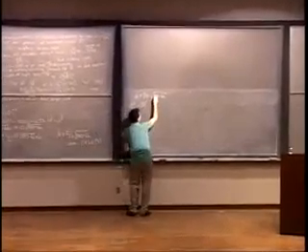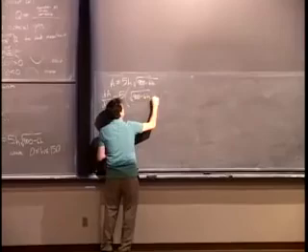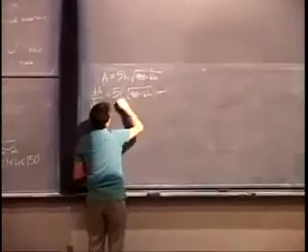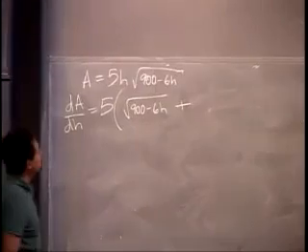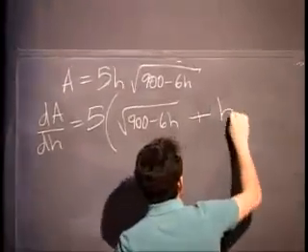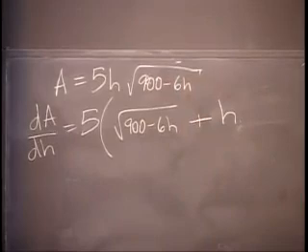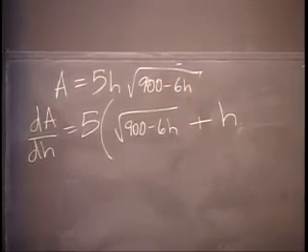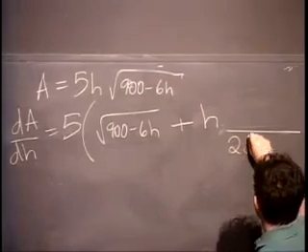It goes like this. Second term, v, times du/dx. Well, du/dx is just the derivative of h, which is 1, plus h times the derivative of the square root. Now the derivative of root x is 1 over 2 root x. So you're going to get 1 over twice the square root here.